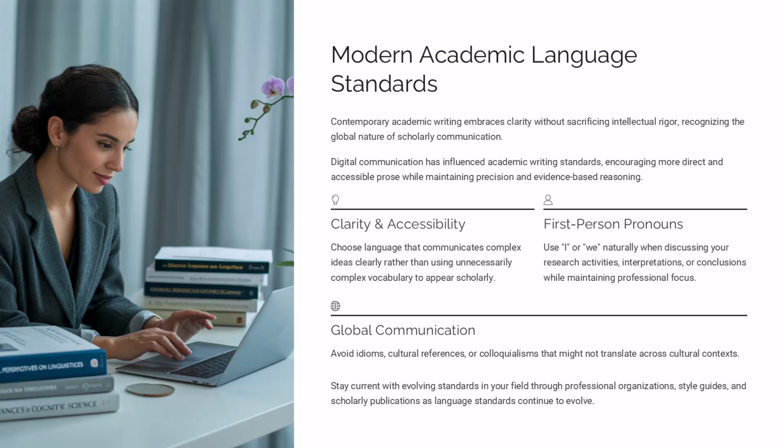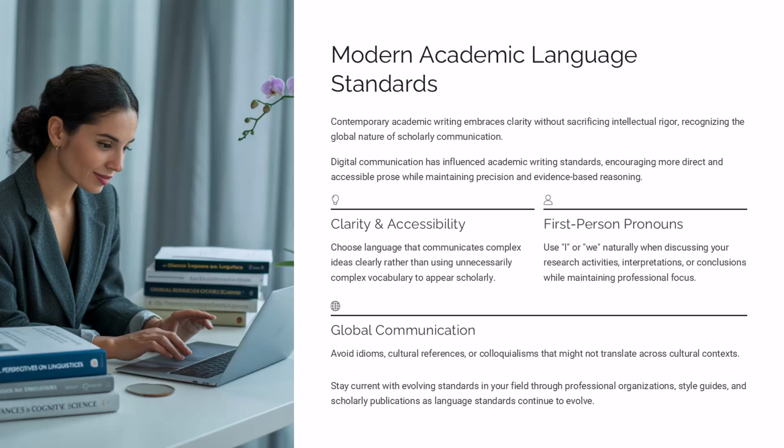However, maintain professional focus even when using first-person pronouns. Discuss your scholarly activities and evidence-based conclusions rather than personal opinions or feelings. The goal is clear communication about your research, not personal narrative.